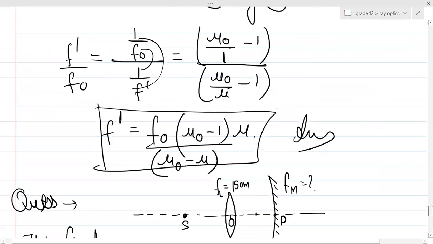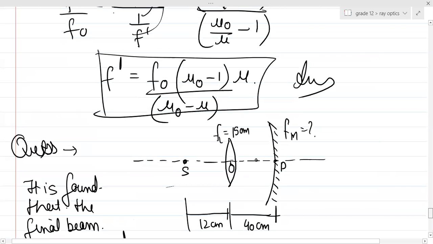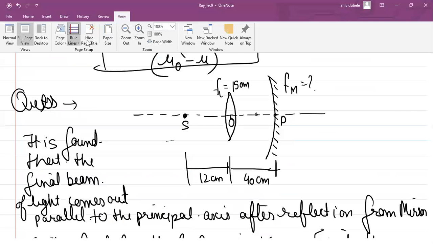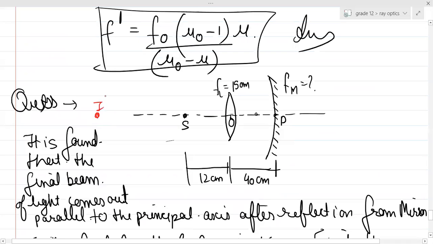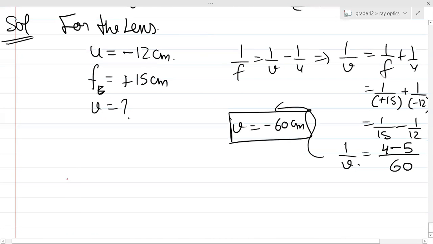Due to the lens, the image forms somewhere over here. I dash. Sir, why are you naming it as I dash? Because, guys, I dash will act as an object for the mirror now. A virtual object at that.